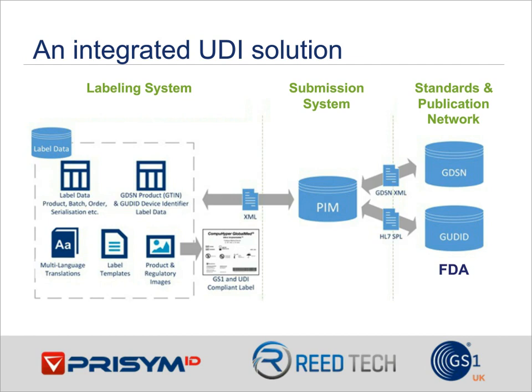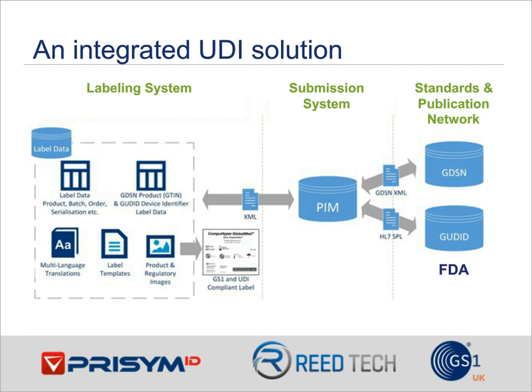On the left-hand side of the slide, you'll see Prism 360, which is our label lifecycle management software, and we consider that really a single source of truth. It is a platform for both the UDI label design and printing, as well as the UDI GUDID submissions.